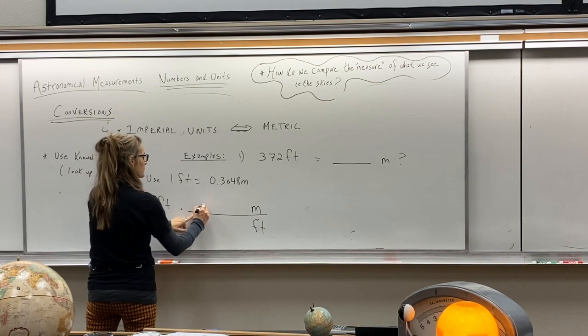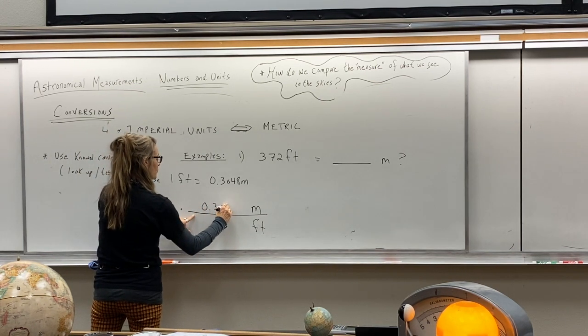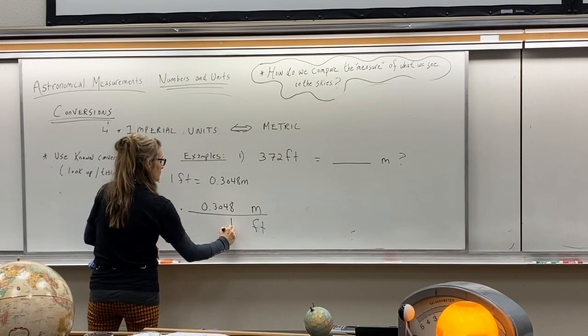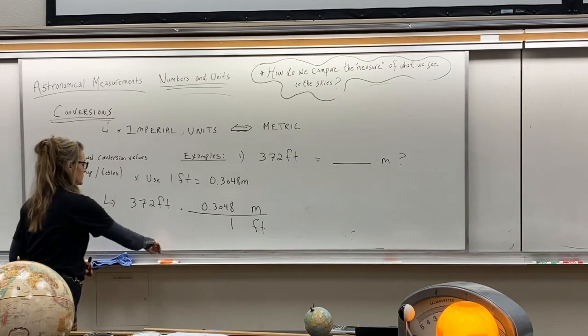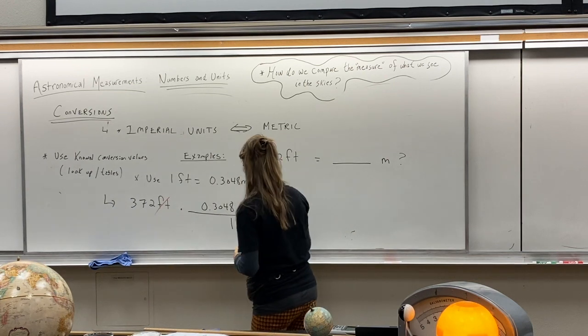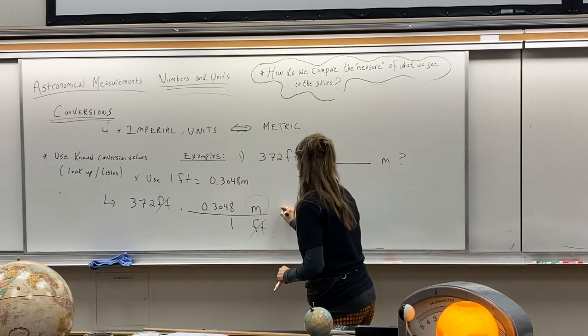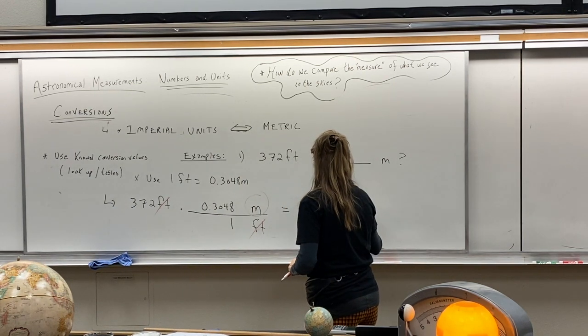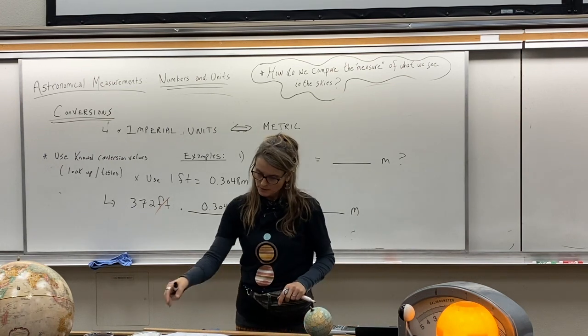So I'm going to use my conversion of 0.3048, which is equivalent to 1 foot, and this will ensure that I get rid of my feet and get a value in terms of meters.